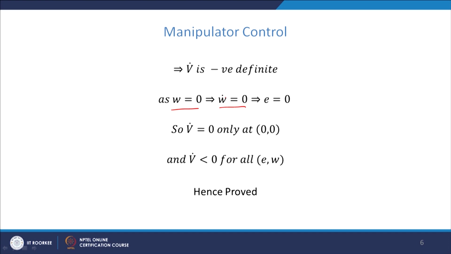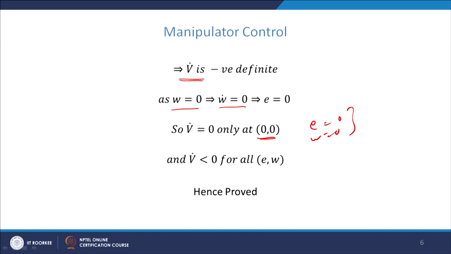So, the V dot, the scalar, is always negative and it is 0 only when E is 0 and W equal to 0.